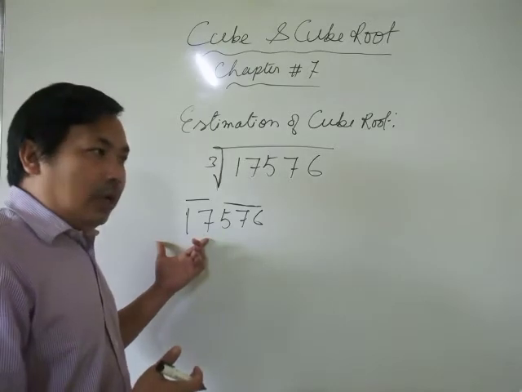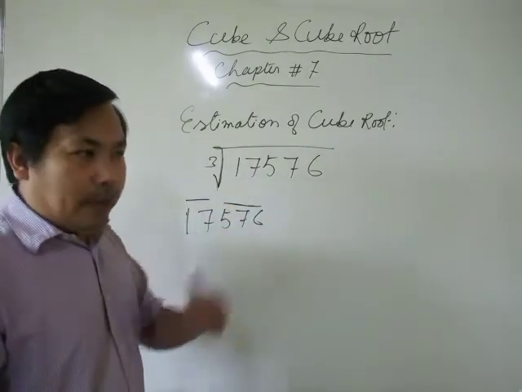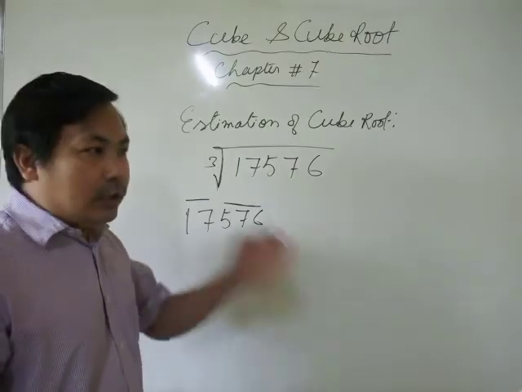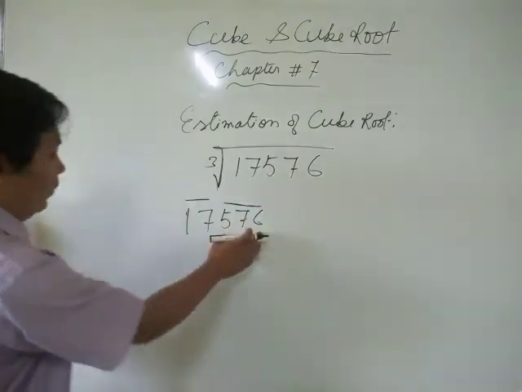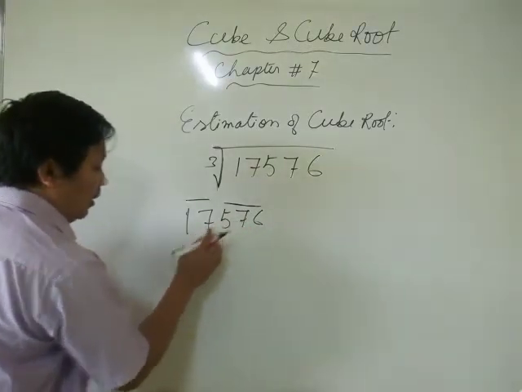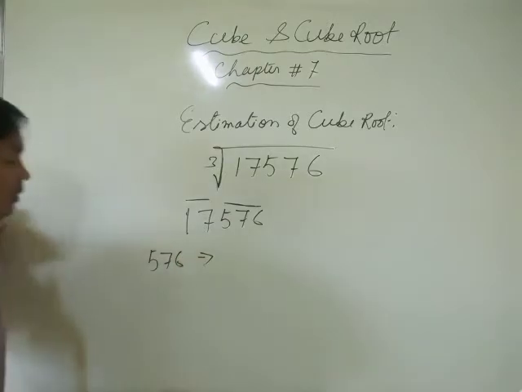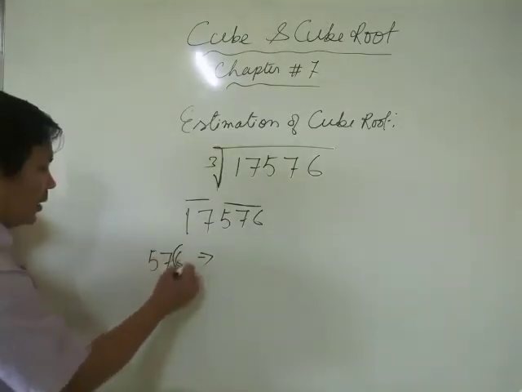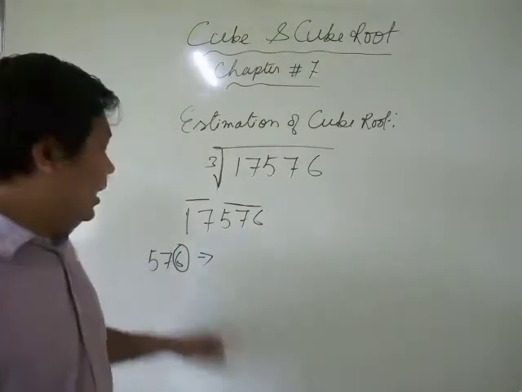If there are more digits, we group 3 digits and find the number which could be the cube root of the given number. First we group these 3 digits, so we have 576. What is the digit in the unit place? It is 6.